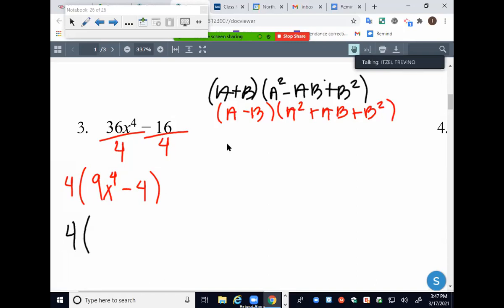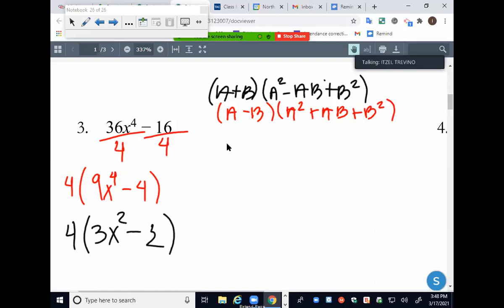So I'm going to go ahead and break it up. I'm going to take the square root of 9, which is 3, and the square root of x to the 4th power gives me x squared, and the square root of 4 gives me 2.